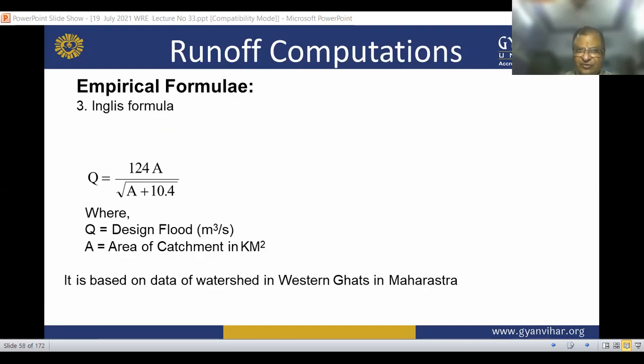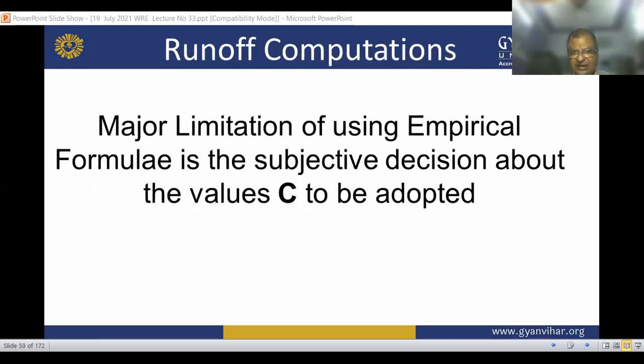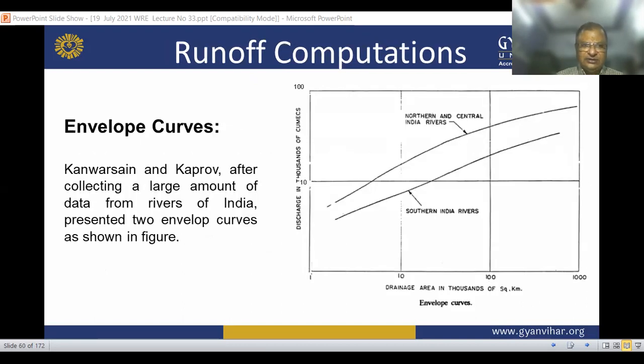This is the runoff equation. The major limitation of the empirical formula is the subjective decision about the value of C to be adopted. This is the envelope curve.